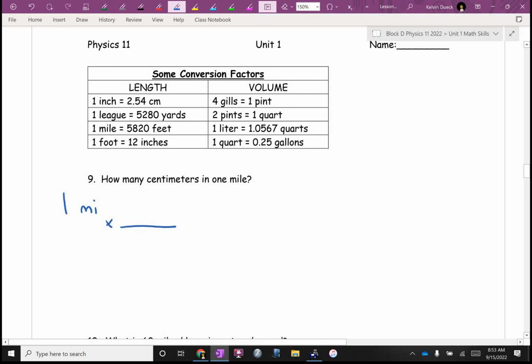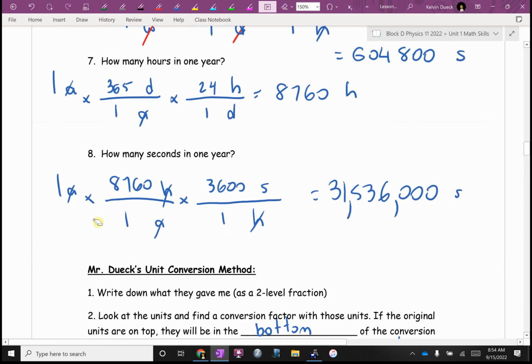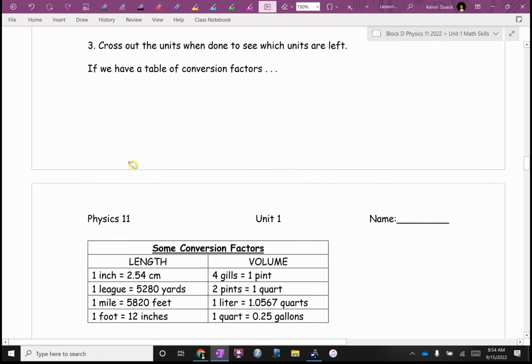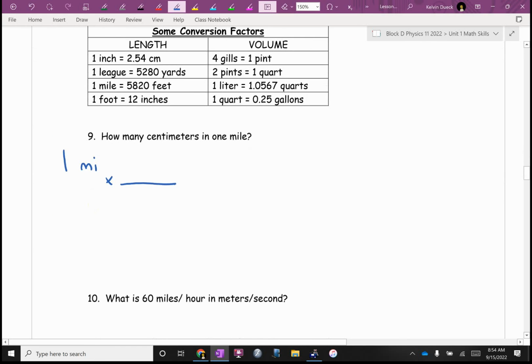Okay. That's why I called you back, got you here. Our strategy was, if I want to get rid of the unit that they gave me, if it was on the top, it went on the bottom in my conversion factor. If it was on the bottom, I haven't done one like that, it's going to go on the top. So right now, miles is on the top. It's going to go on the bottom, right there.